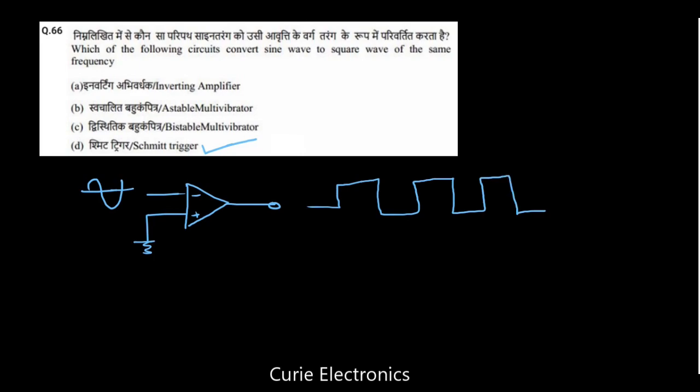Don't think anything else. It's a square wave, or rectangular wave depending upon. Square wave of the same frequency, because the same frequency is maintained. Sine wave is having a particular frequency, so related to that, we have to get the square wave output. And astable multivibrator also, we will get a continuous waveform, whether it is rectangular or, and bistable multivibrator has two states.